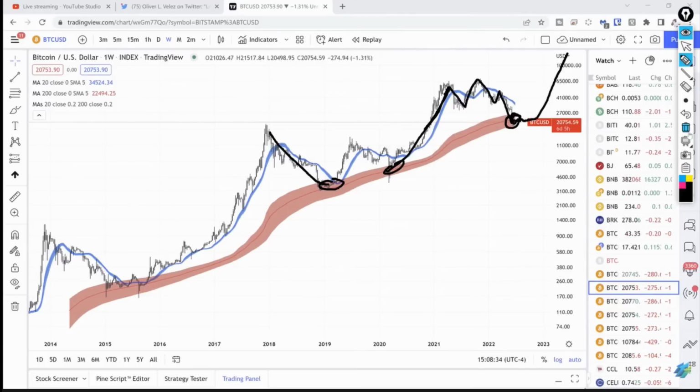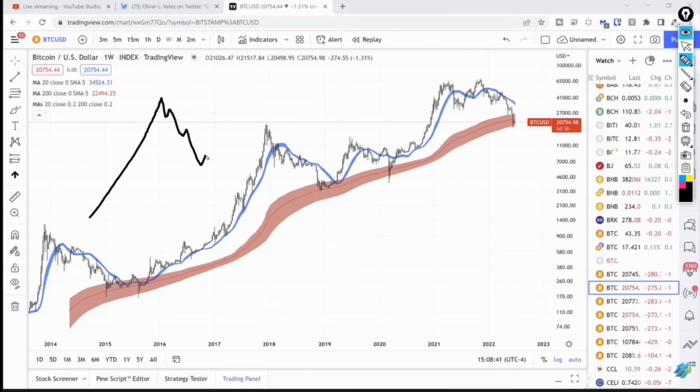And this is the nature of markets. These pullbacks do nothing but shake these people off to free itself. Repeat, repeat, repeat, right? And so how many people are shaken off of Bitcoin at this particular point?